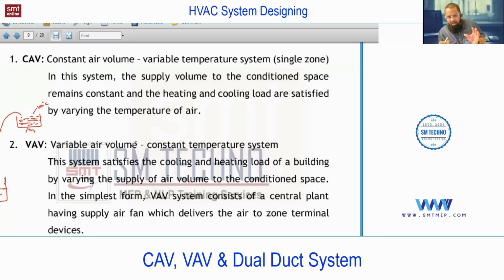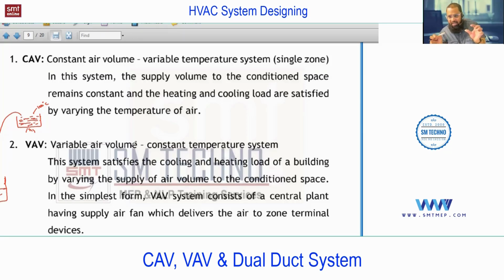Once again, in a VAV system, from the unit we are supplying constant temperature air, say 18 degrees centigrade. But in the room, we are interested in maintaining 25 degrees centigrade. So how can it be done? By increasing or decreasing the volume of that constant temperature air.